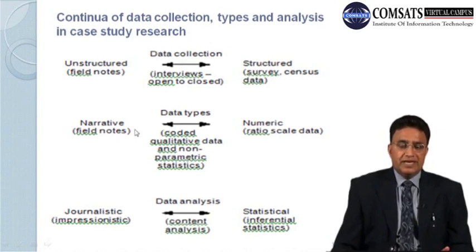And it would be towards narrative, or it may be towards numeric, where you would use ratio scale data and frequencies. So that would be towards a structured or controlled type of case study, and where it is narrative and field notes it would be towards a qualitative and interpretative type of case study.